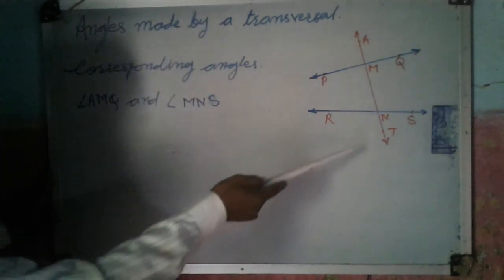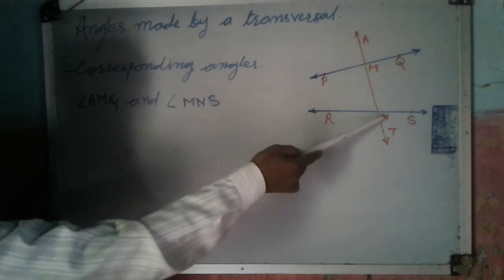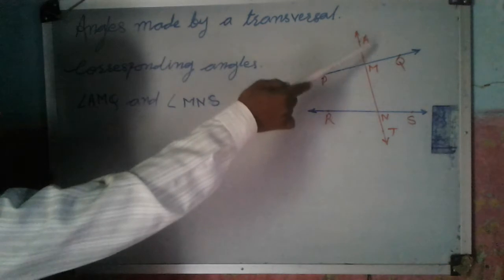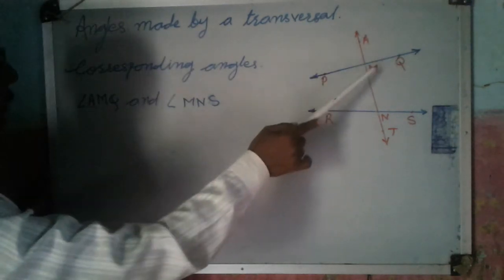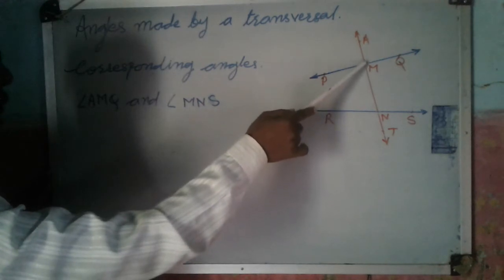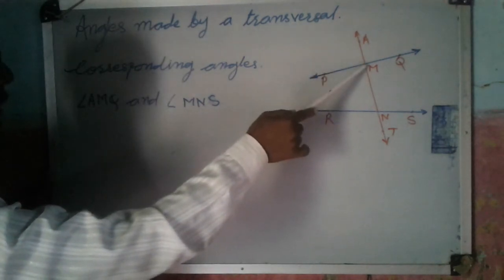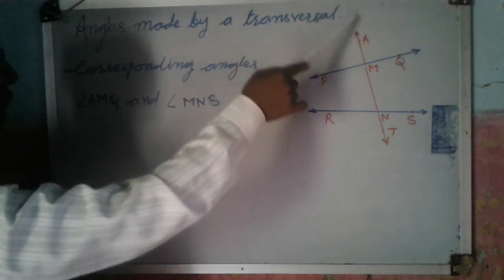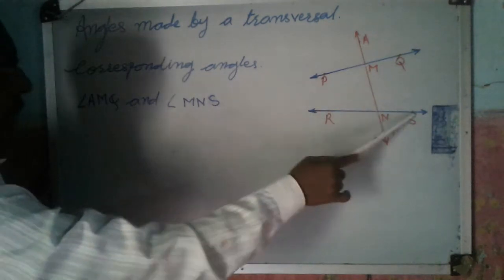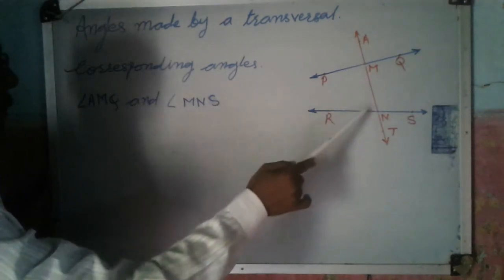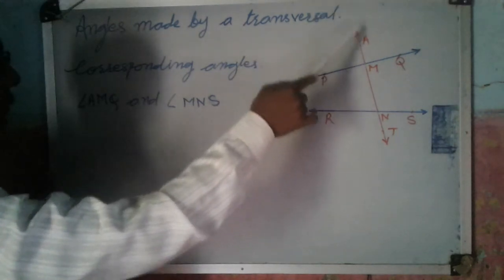So here, the arms which are on the transversal are in the same direction. That means here, of angle AMQ, the arm on the transversal, arm MA, indicates the upper direction. In angle MNS, the arm which is on the transversal is also in the upper direction.